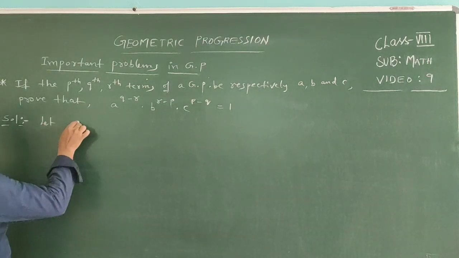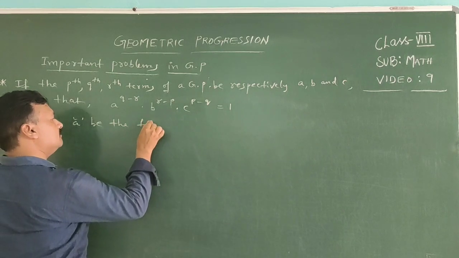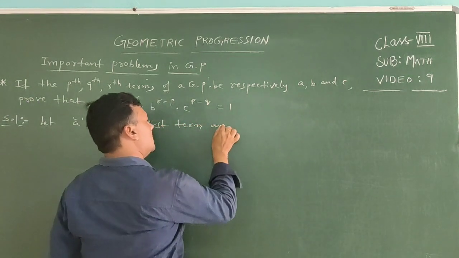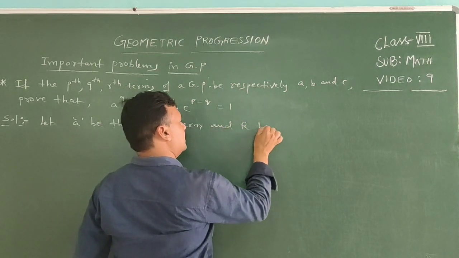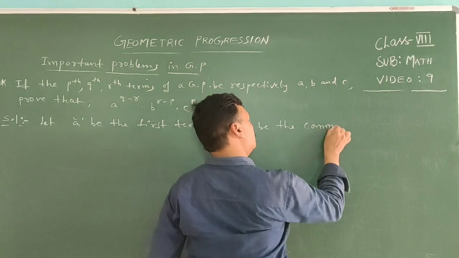Let capital A be the first term and r be the common ratio.